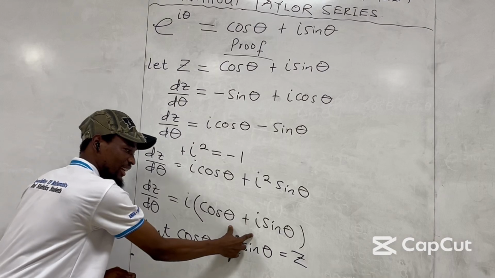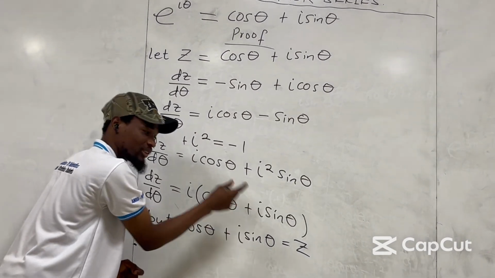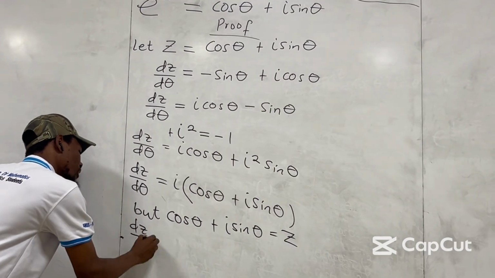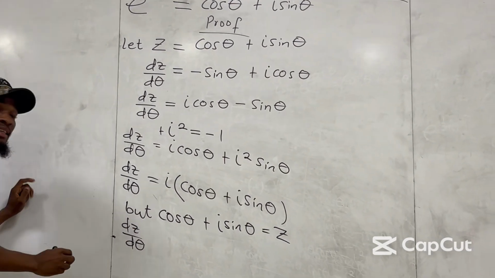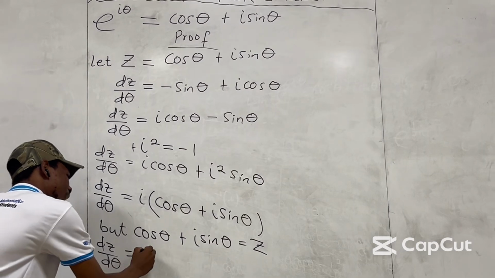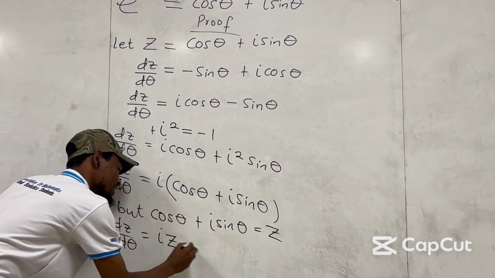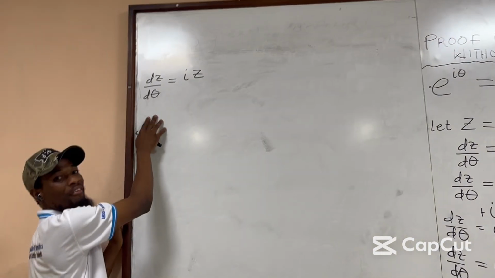So wherever I see this, I'll just put z there. Finally, I have dz over dθ is equal to i times z.